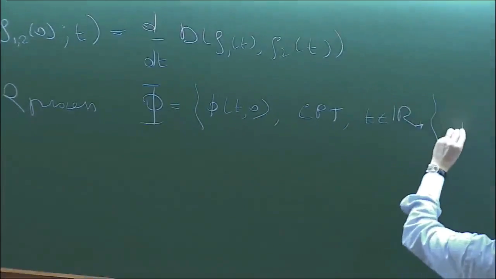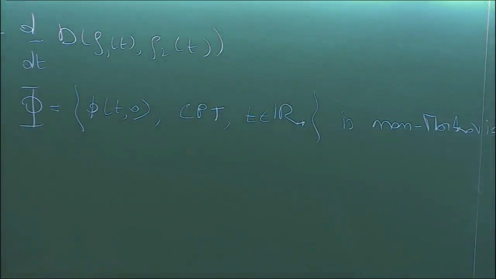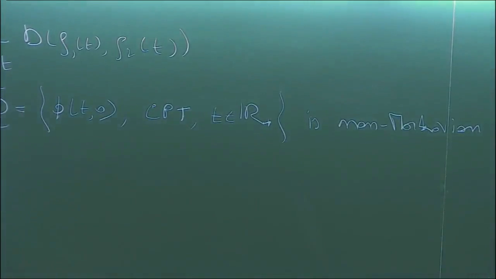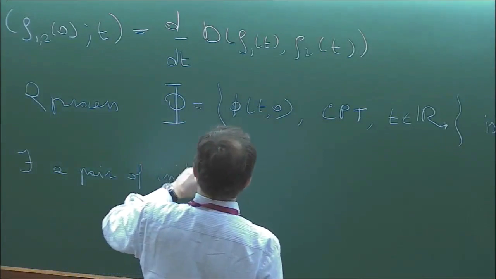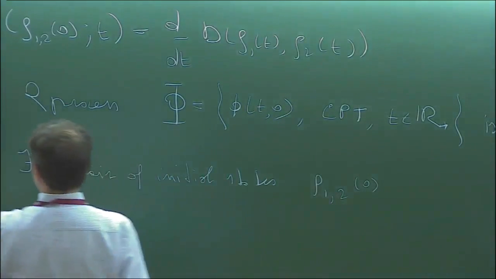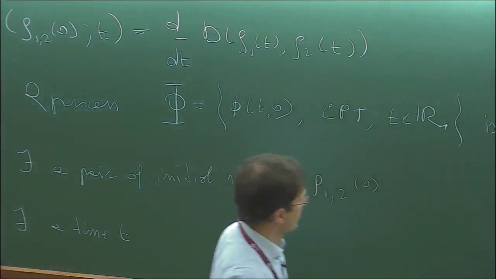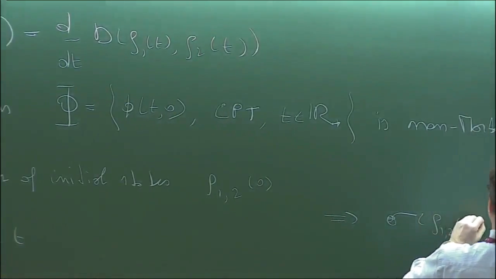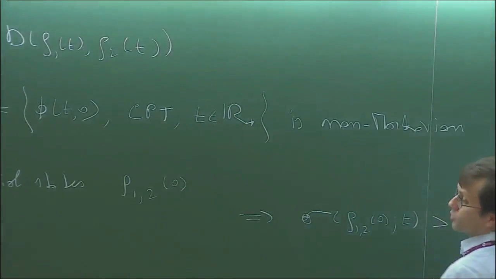We say that the quantum process is non-Markovian, so we are providing a definition of what we mean by non-Markovian in this quantum setting, and I will try later to come back to a classical notion, if there exists a pair of initial states, say rho 1, rho 2, rho 0, and if there exists a time t such that for the given pair at the given time, this quantity, that is to say the derivative of the trace distance, is strictly positive.